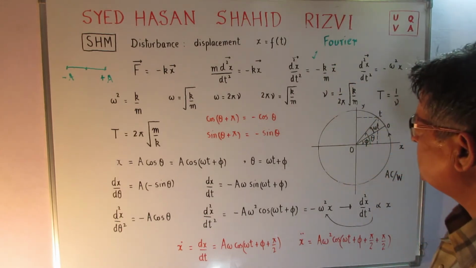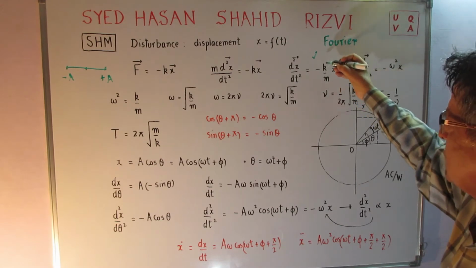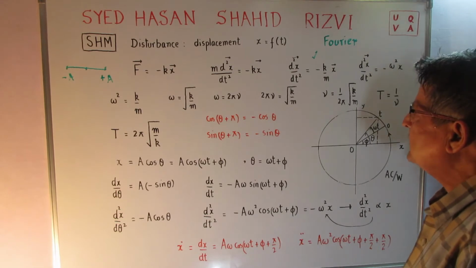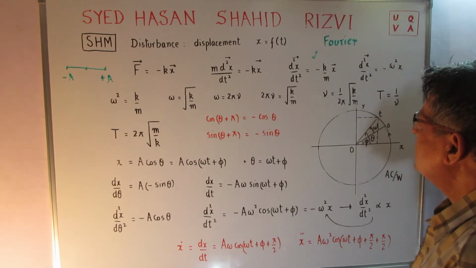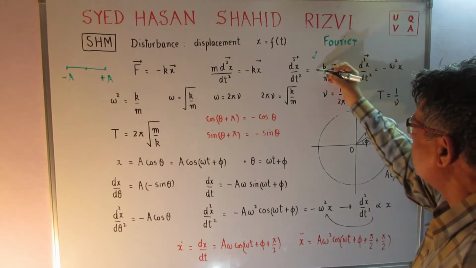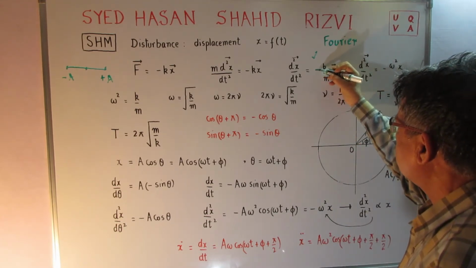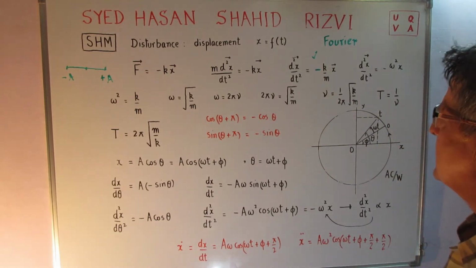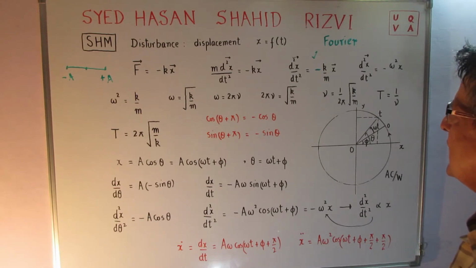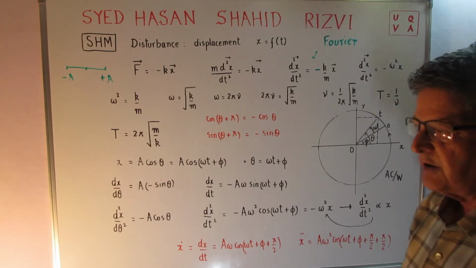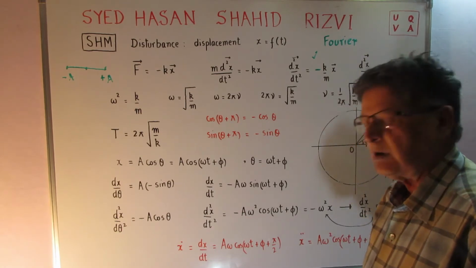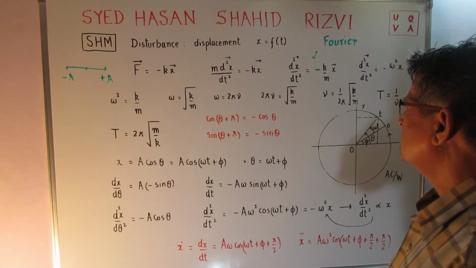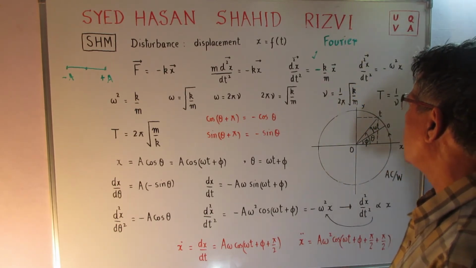The acceleration is equal to minus k upon m, both of them positive constants, into x, and this negative sign is very important. If x is away, then d2x upon dt2, the acceleration, is always trying to seek the equilibrium position, it is always towards the equilibrium position. It opposes that disturbance, and we get minus k upon m x.